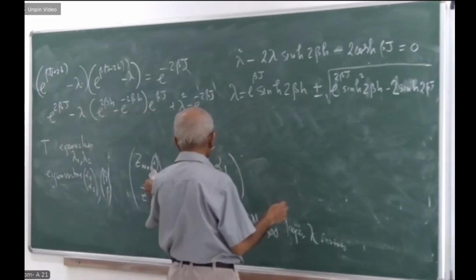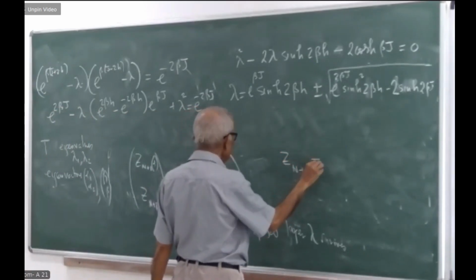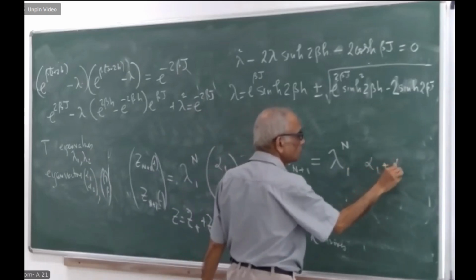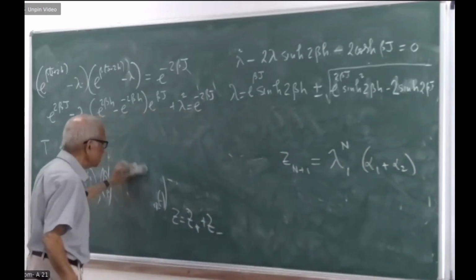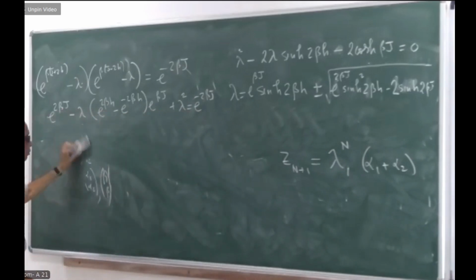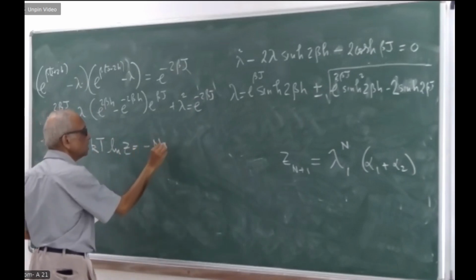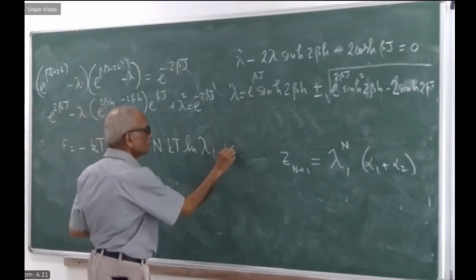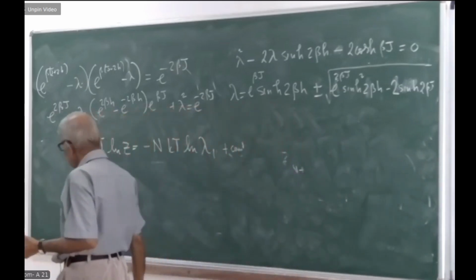Essentially this is lambda 1 to the power N alpha 1, and therefore Z_N plus 1 is equal to lambda 1 to the power N and alpha 1 plus N. That is the large N limit, the partition function, and therefore the free energy is F equal to minus kT log Z, which is minus N kT log lambda 1 plus constants.